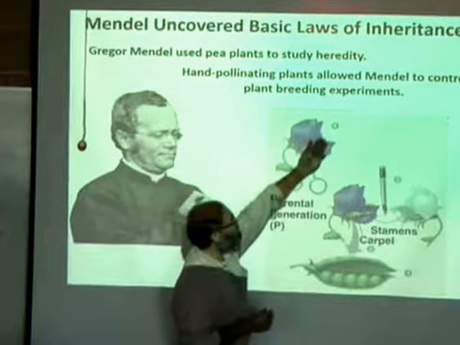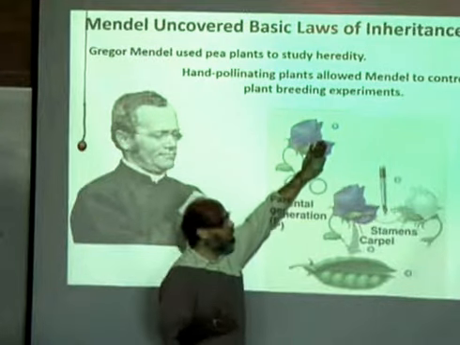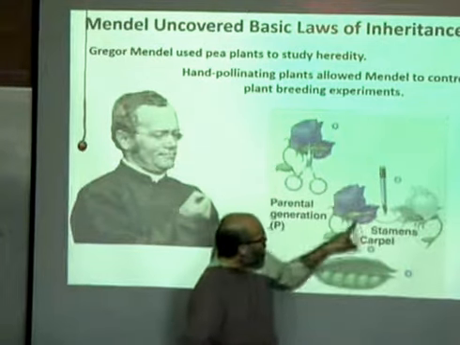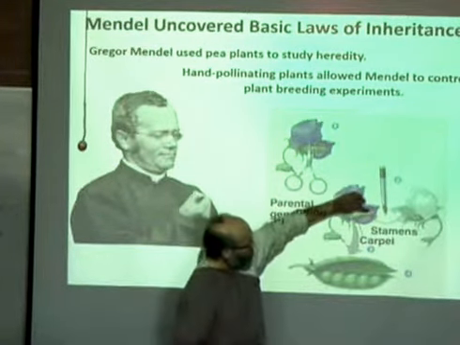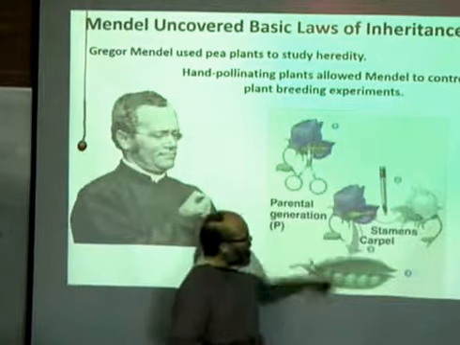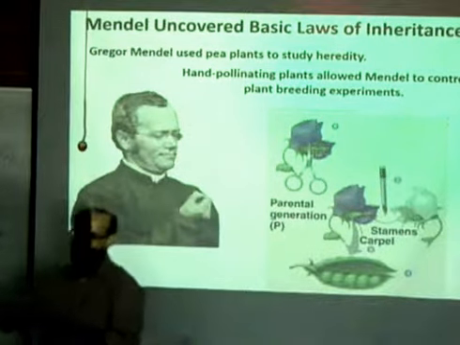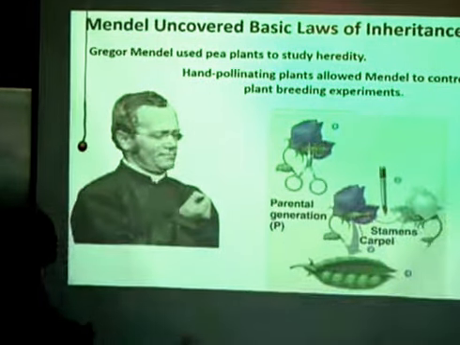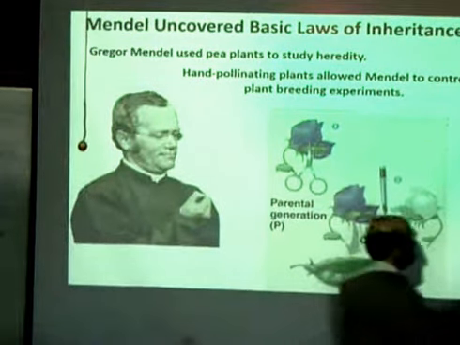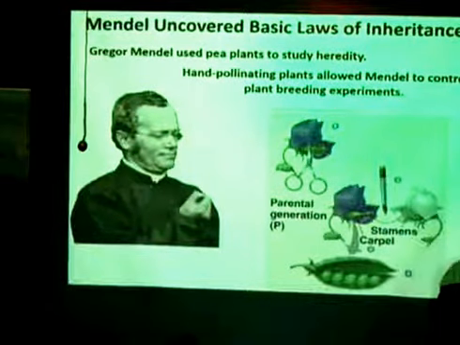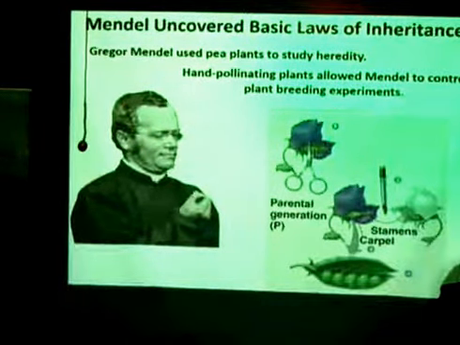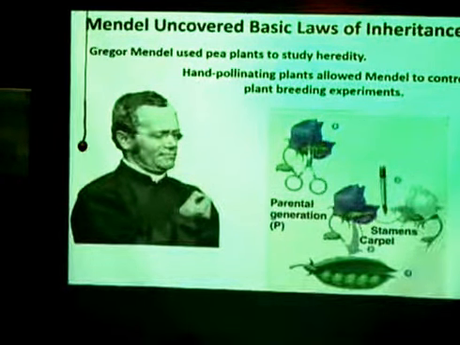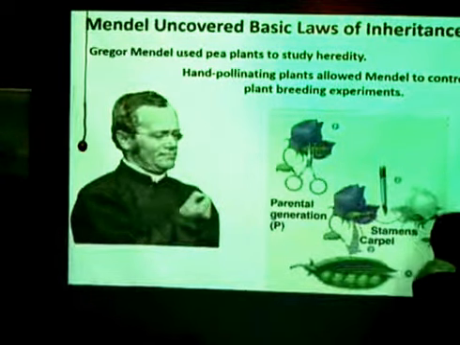He would either allow them to self-fertilize, or he would take pollens from a different flower, like this white flower, and put them on the female part of the flower, and that way he would cross-pollinate them. He will take from a different flower and put it on a different flower, and that is called cross-pollination. When the male parts of the flower are allowed to pollinate their own female parts of the flower, that's called self-pollination.